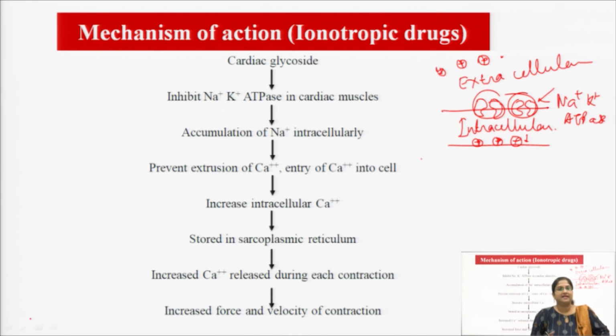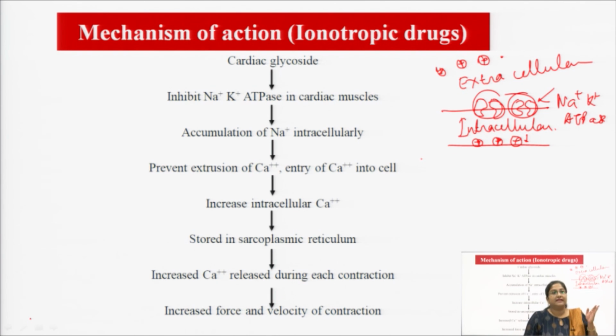So, the sodium which was already present inside the cell accumulates, and when accumulation happens, the extrusion of calcium ion is also hampered, ultimately increasing the level of calcium ion inside the cell, and it is stored in the sarcoplasmic reticulum.